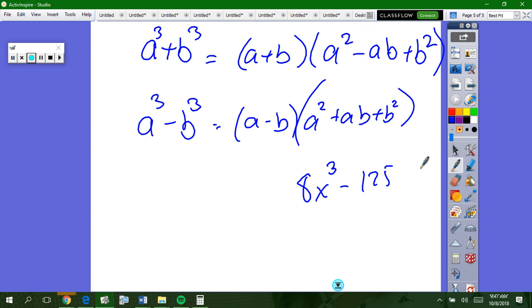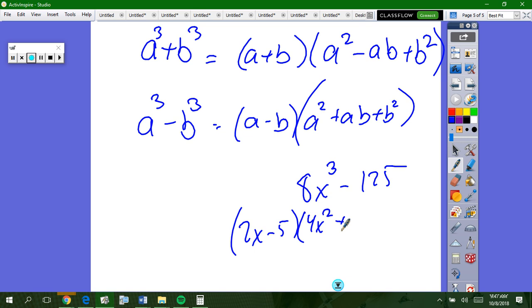Okay? So what's the cube root of 8x cubed? That would be my a. Does that make sense? What's the cube root of 125? 5. So ladies and gentlemen, my a is 2x, my b is 5. So then notice it says a squared, so that's 4x squared.